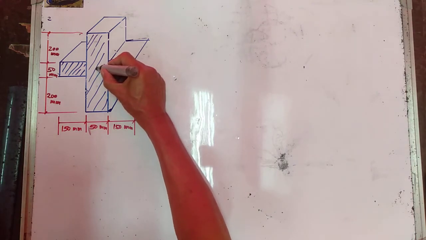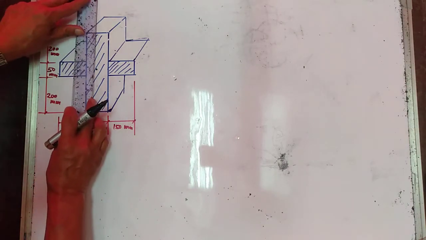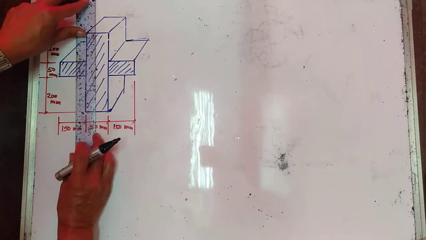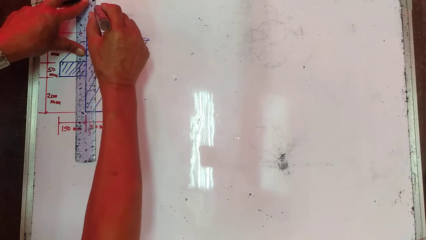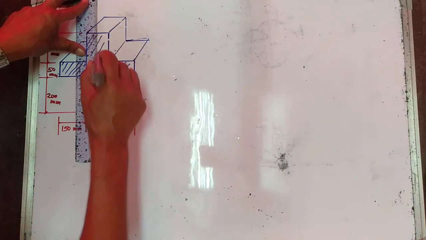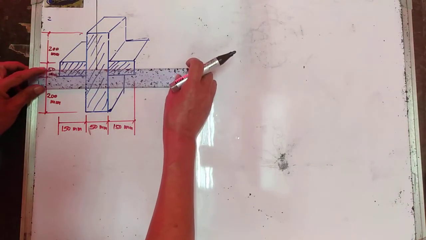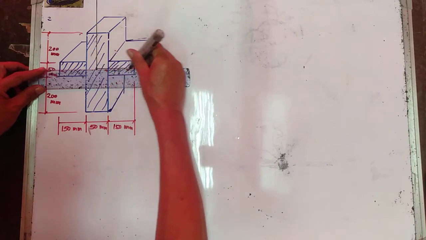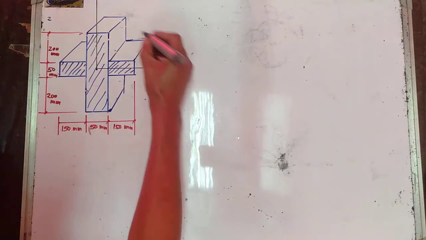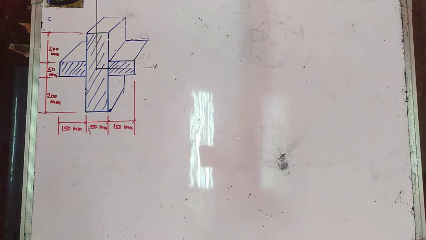So with respect to the centroidal x and y axis, this is the y-axis, and this one is the x-axis.